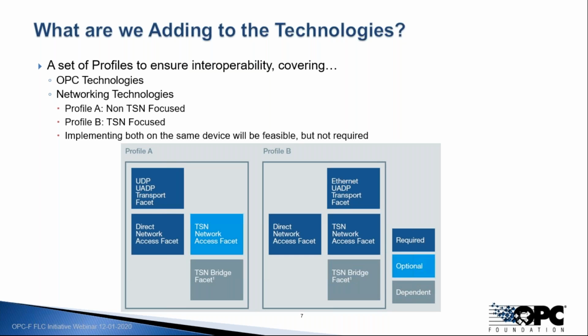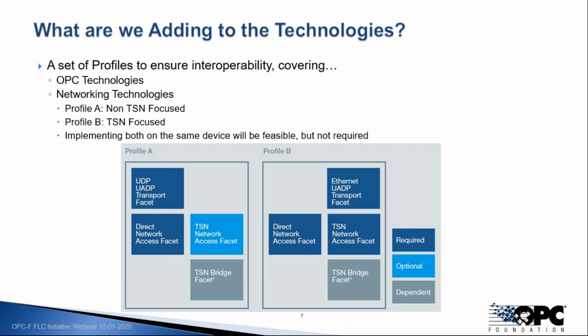It will be entirely feasible for the same device to implement both Profile A and Profile B in order to cover as many interoperability scenarios as possible, but it won't be required. And there are a lot of good reasons why a vendor may choose to only implement one profile or another.